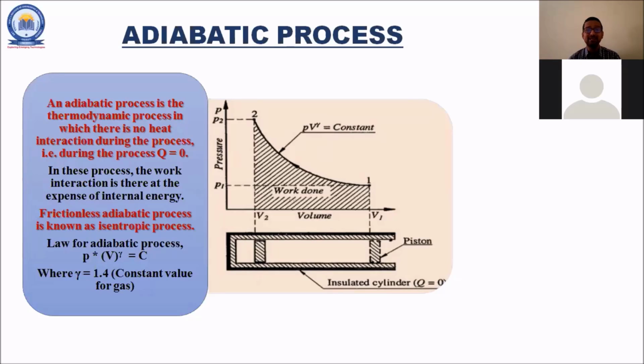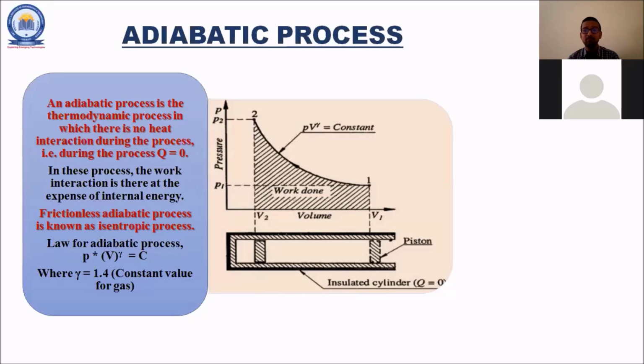That means during the adiabatic process, there is no heat exchange. Hence, for the adiabatic process, we can conclude that during this process, Q is equal to 0. So this is one of the most important points and the definition related to the adiabatic process.